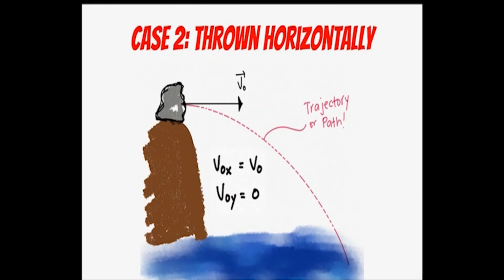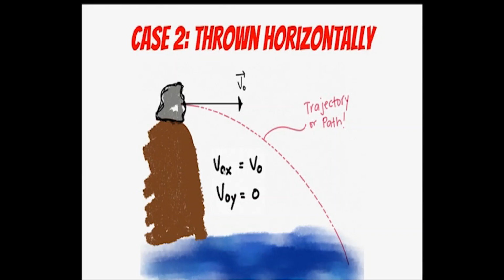The projectile is thrown horizontally. If that is the case, we don't have v sub 0y. The y component of our initial velocity vector is 0, because our initial velocity vector is illustrated in this manner. So what will happen now to our x component?